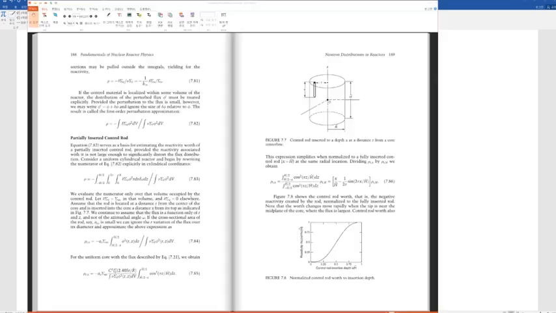So if we go back, the cross-sectional area of the control rod here, and X would be the distance. X is the depth that control rod is inserted.